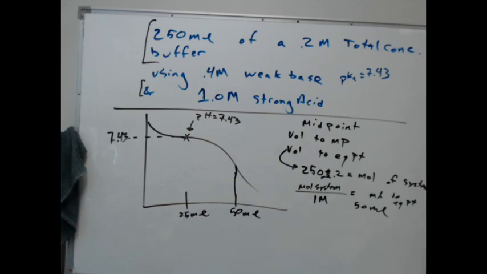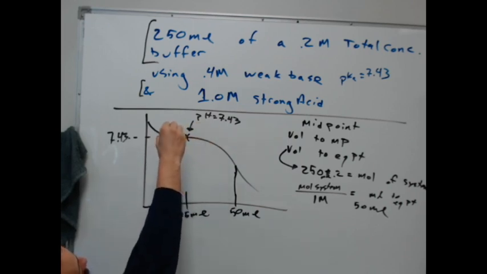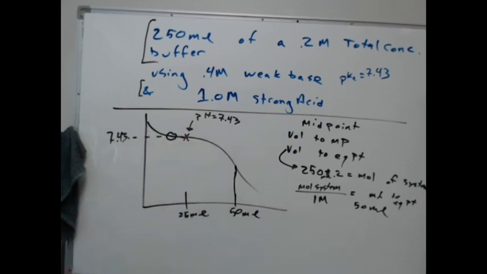For this particular problem, we said we wanted to make a buffer at a pH of 7.25. So we're expecting something over here for a pH of 7.25.